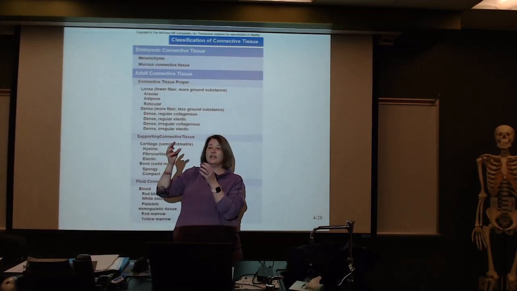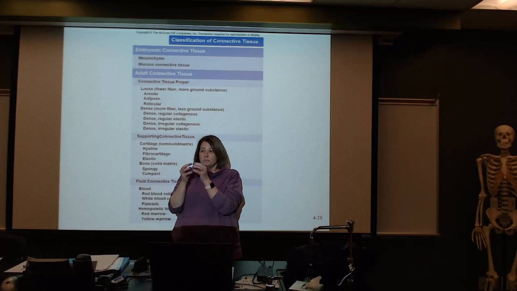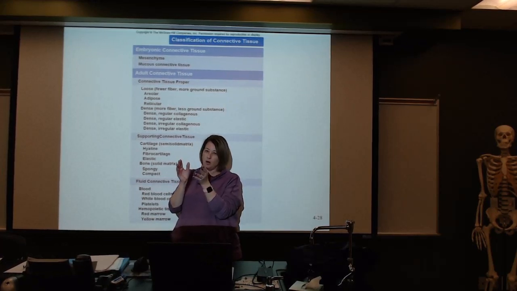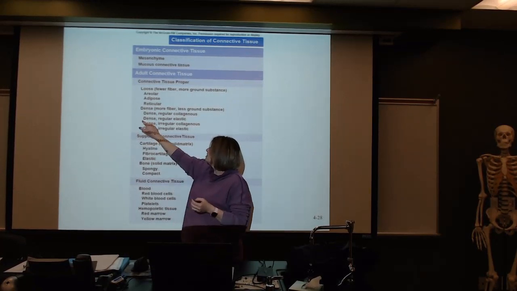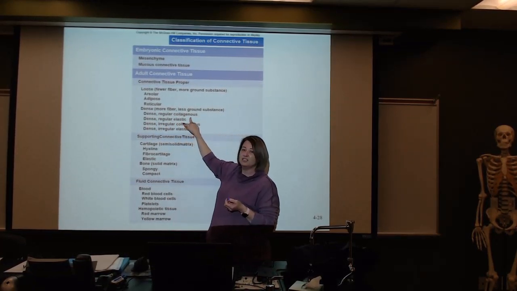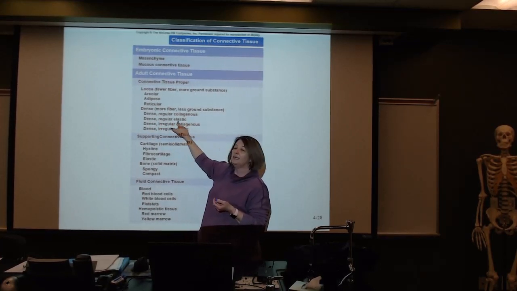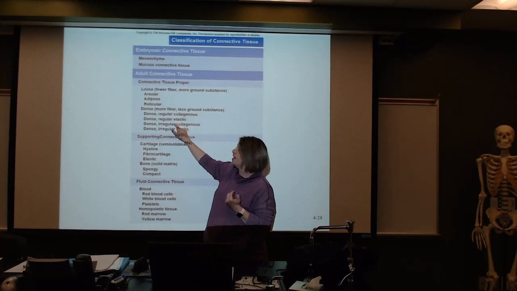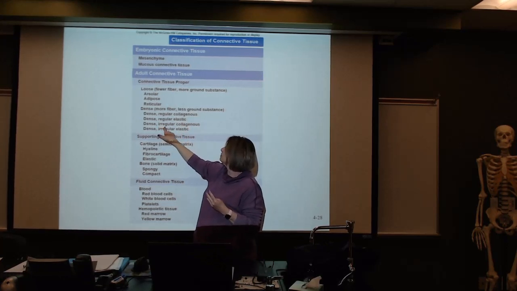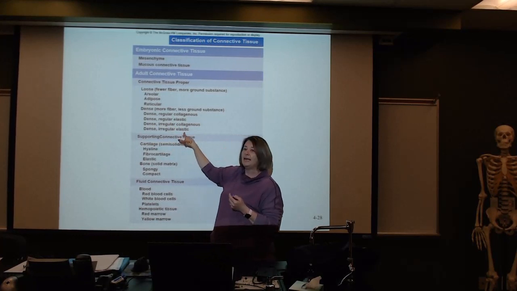Dense, just like the name implies, looks like the Jell-O is more hardened, but it's not completely hard, okay? So we'll find dense regular collagenous, dense regular elastic fibers, dense irregular collagen, dense irregular elastic.